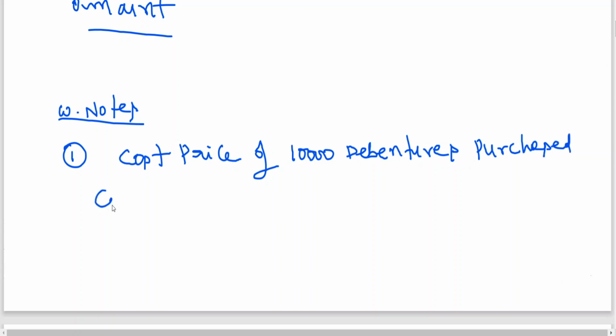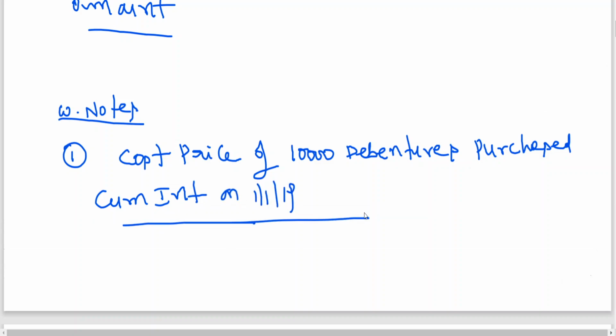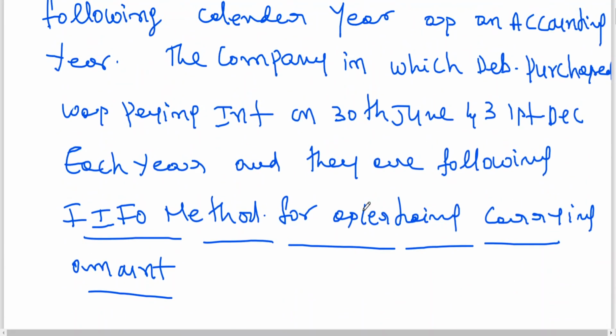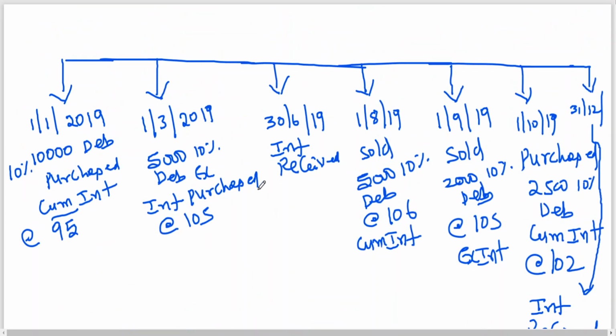Cum interest on 1st January 2019. You know, the company was paying interest on 31st December, no? So on 1st January you purchased. When you purchase the debentures on 1st January, the previous day was the interest date, so the seller won't be charging any interest from you, because the seller has already received interest on 31st December 2018 on the 10,000 debentures.